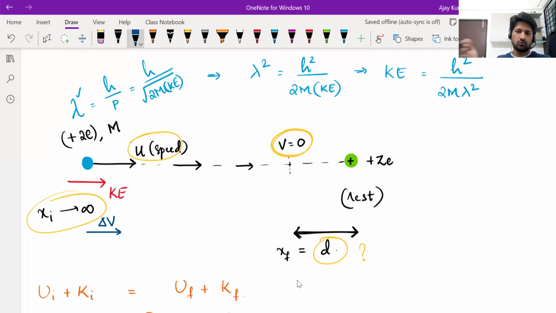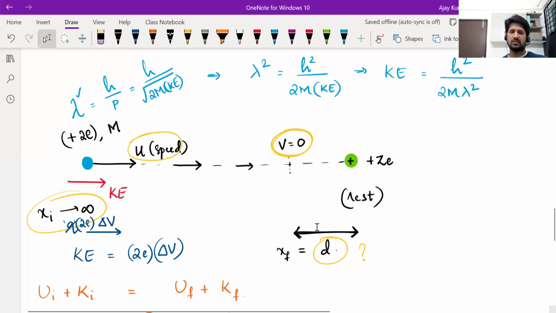When a charge Q goes through a potential difference delta V, then it gains a kinetic energy of Q delta V. So the alpha particle's charge is 2e, right? Assume it is made to go through a potential difference delta V, then the kinetic energy it gains will be 2e delta V. So in place of kinetic energy, you substitute that and you can get the shortest distance of approach.